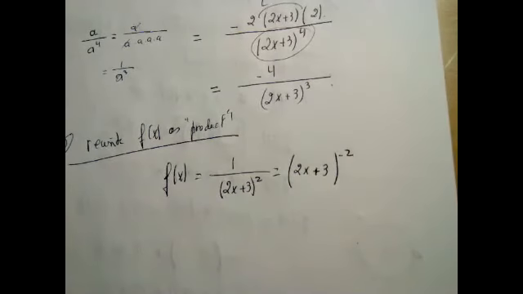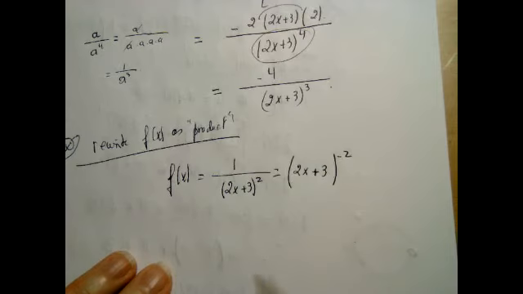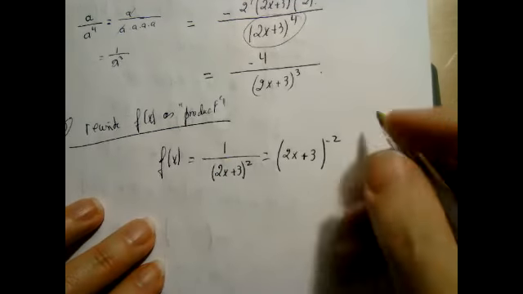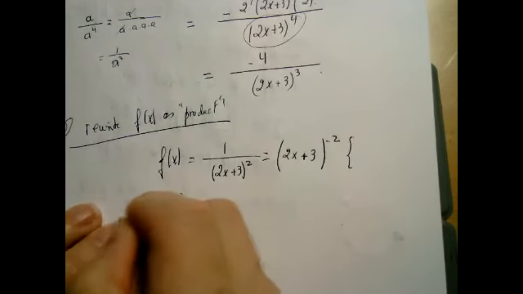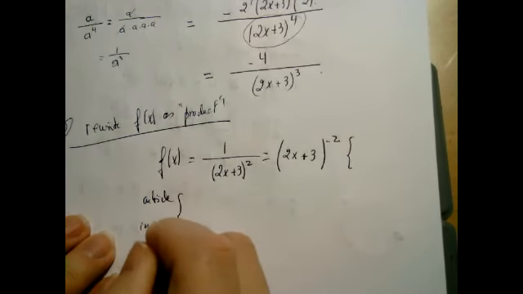So we're going to rewrite it, and then I'm going to use the chain rule. So first, I'm going to rewrite it as 2x plus 3 to the power minus 2, and now I'm going to use the chain rule. This is sometimes very useful for computing some derivatives, and I definitely want you to do that sometimes. So now, here, the outside and the inside.